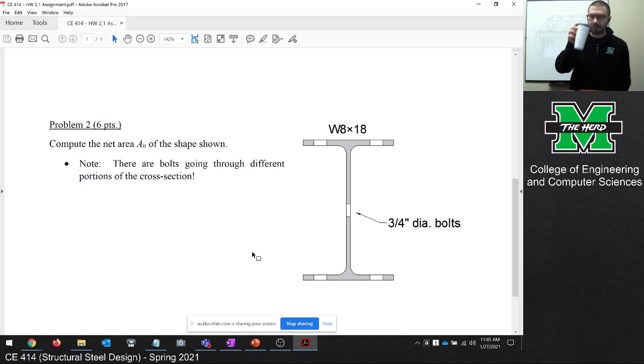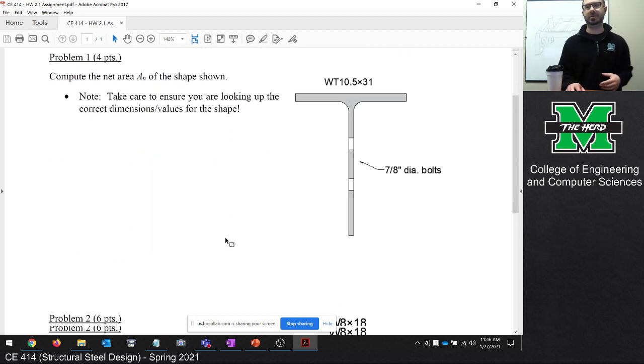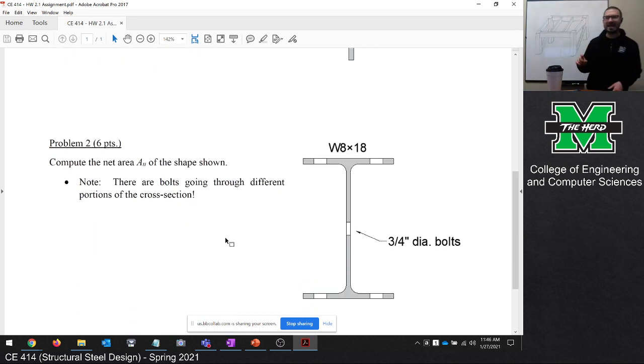Dr. Michelson, can you just say real quick what the 8 and the 18 mean in W8 by 18? Sure. To be clear, it will also mean the same thing up here too. The 8, the first number, is about how deep it is.